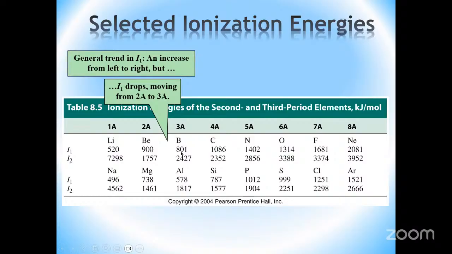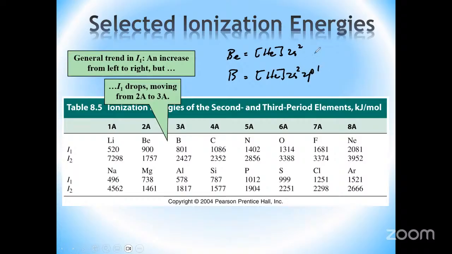So this begs the question, why is there a drop in the ionization energy going from beryllium to boron? In order for us to understand the reason why that happens, we have to look at the electronic configuration of beryllium, which is the electronic configuration of helium and then 2s2, and boron, which is the electronic configuration of helium, then 2s2, 2p1.